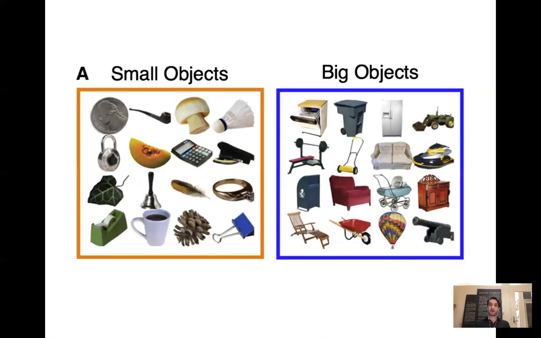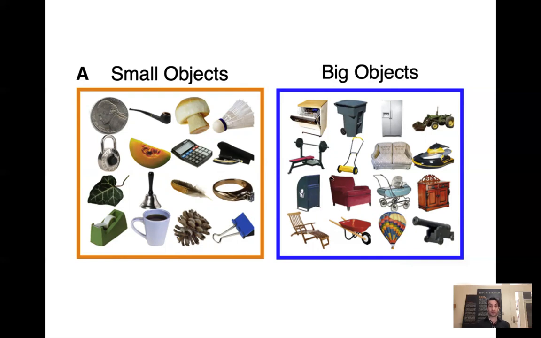If you put someone in a scanner and you show them a bunch of objects that are literally small in everyday life, things you could pick up with your hand, and you look at how your brain responds to small things versus big things, what you find is that there's differential patterns of activation for these real world objects that are big and these real world objects that are small.